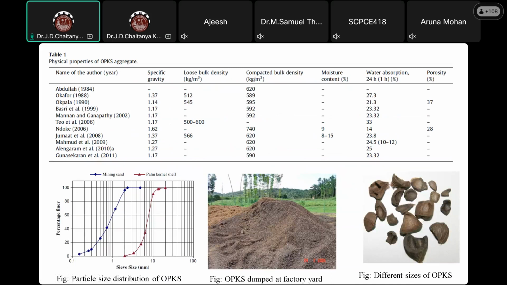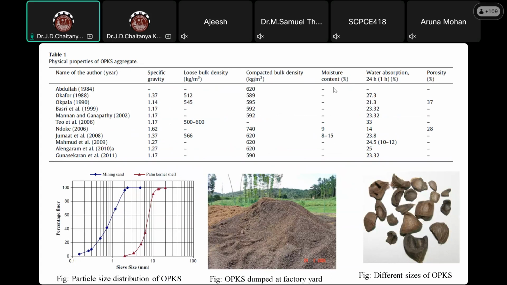Actually, our coarse aggregate and fine aggregate specific gravity will be more than two, right? So this is the less specific gravity, and the bulk density, both loose volume and compacted volume, is also very low.